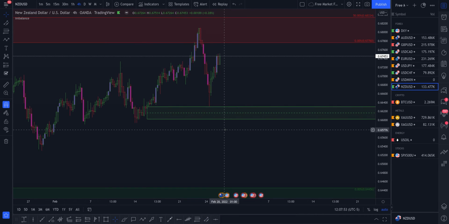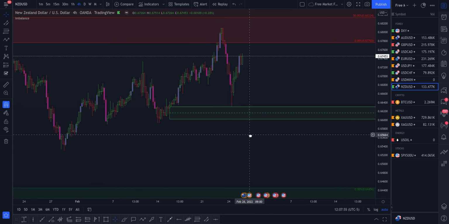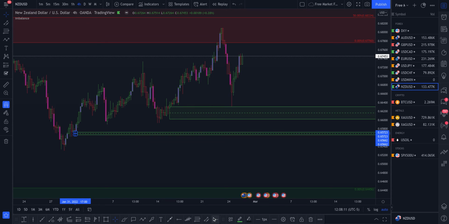All right, so maybe we could see it come down to this area and go long. We do have other unmitigated 4-hour demand that we could see played out here.